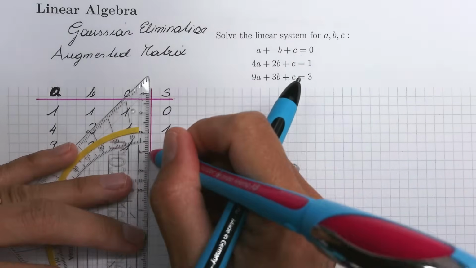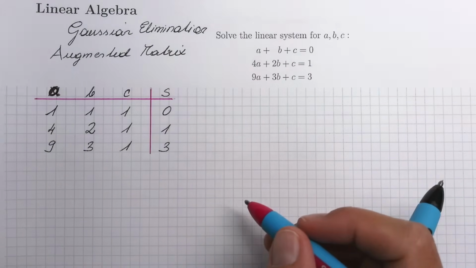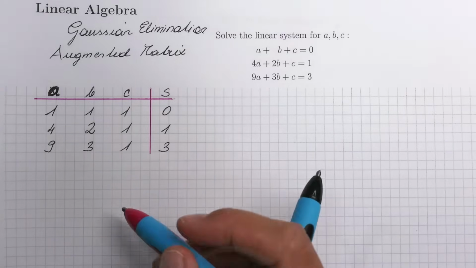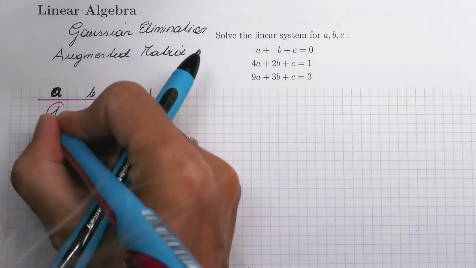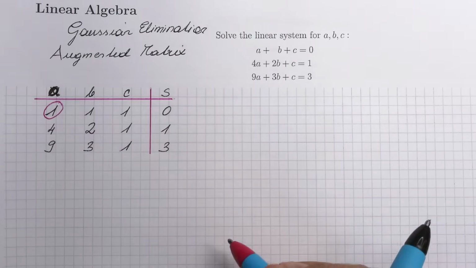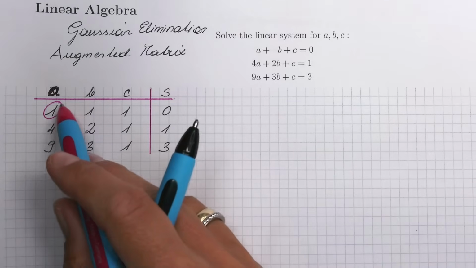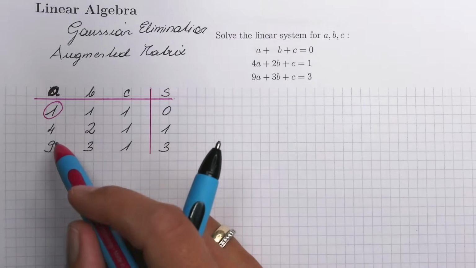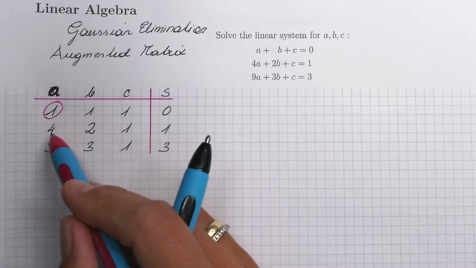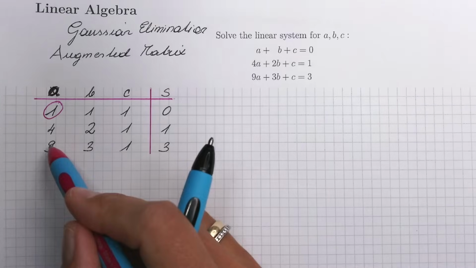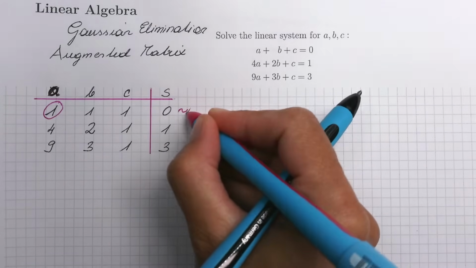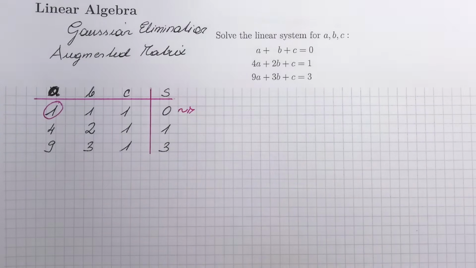Now what we want is an echelon form of this matrix with pivot elements on the main diagonal and zeros below. Here it's already nice because it starts with a 1. What we need next is a 0 here and a 0 here. So we make this kind of arrow, it looks a little bit like a snake.